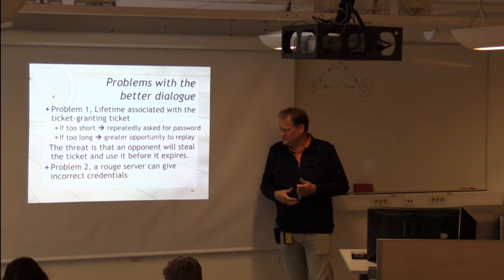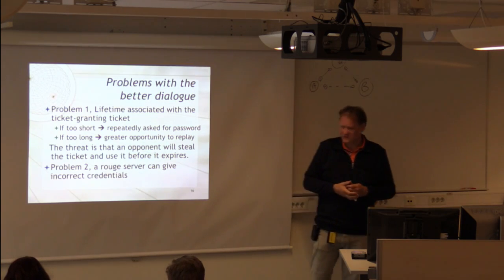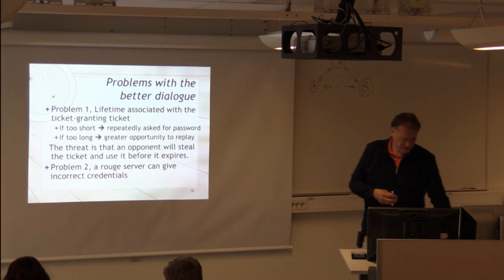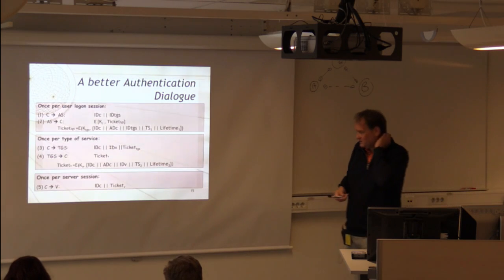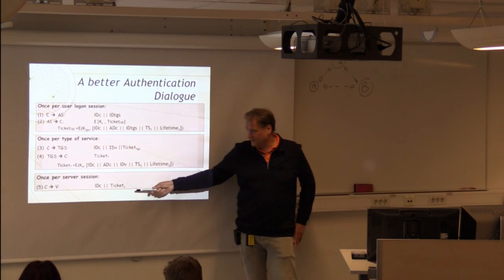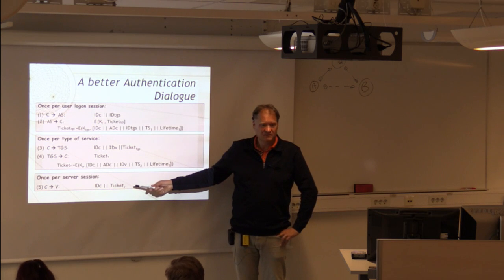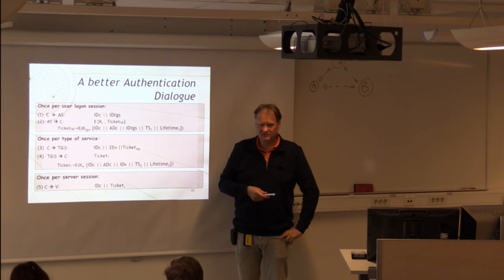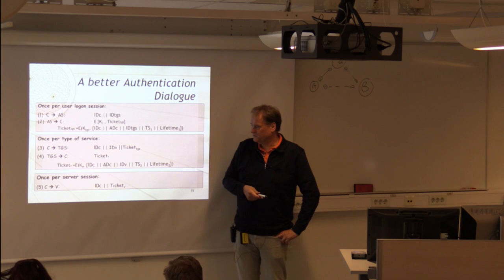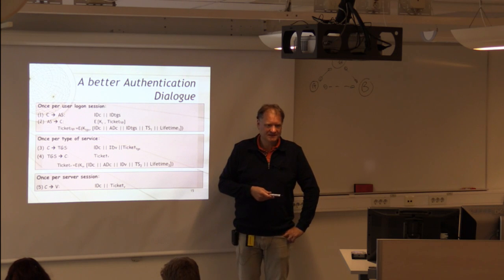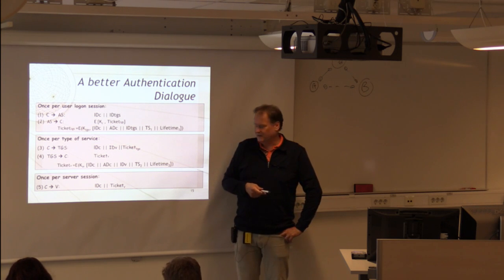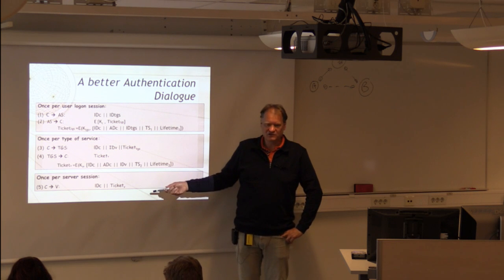The second problem is that a rogue server can give incorrect credentials, because what we do down here in the third step is that the client sends information to prove who he is to the server, but the server doesn't have to do anything. So a rogue server could set up a service, and then the client accidentally connects to it.